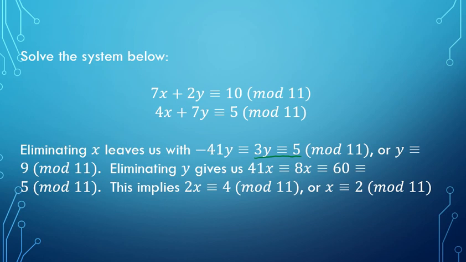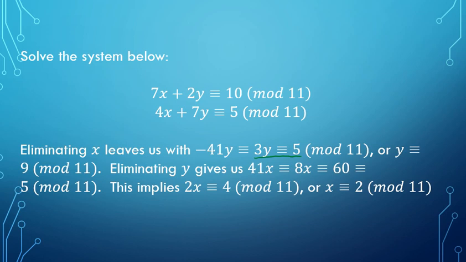Now, I'm going to eliminate the y's and solve for x, which means I'm going to multiply the first congruence by 7, and then multiply the second congruence by 2. 7 times the 7x gives me 49x, 2 times the 4x gives me 8x, 49x minus 8x is positive 41x, but 41 mod 11 is 8.